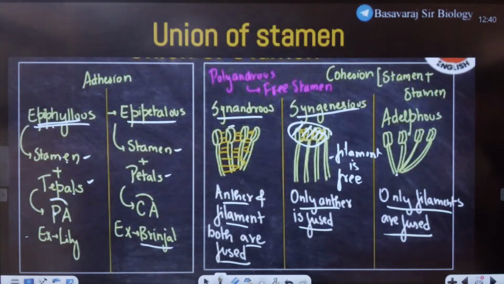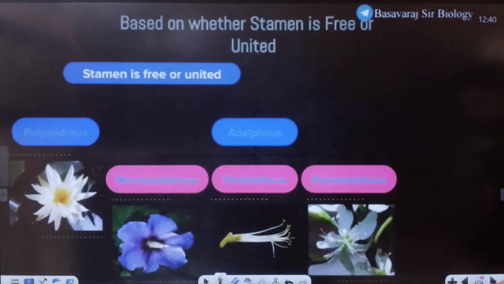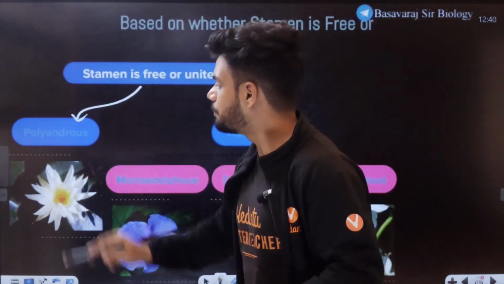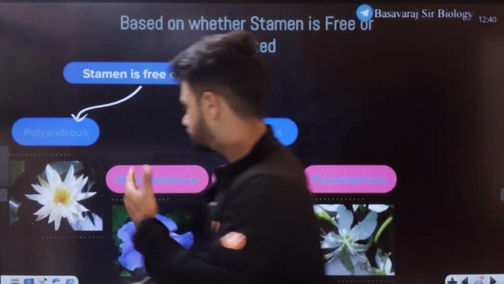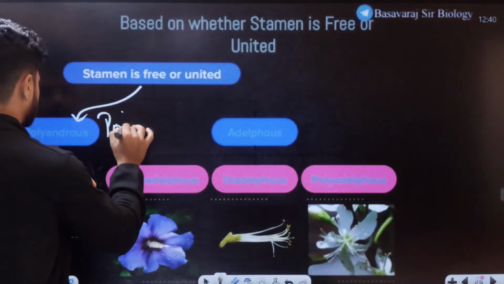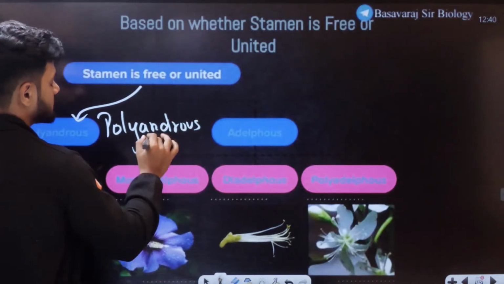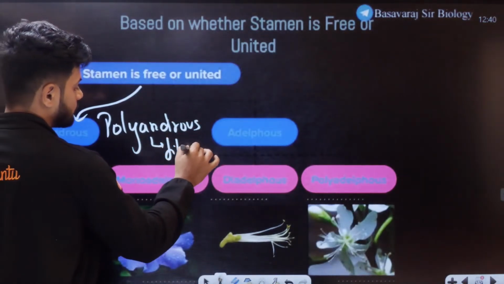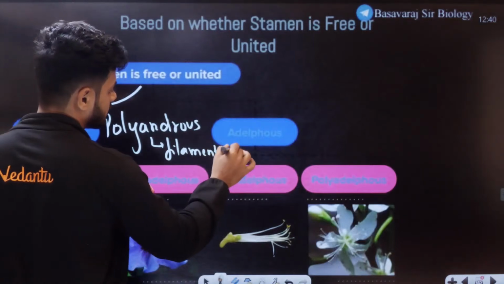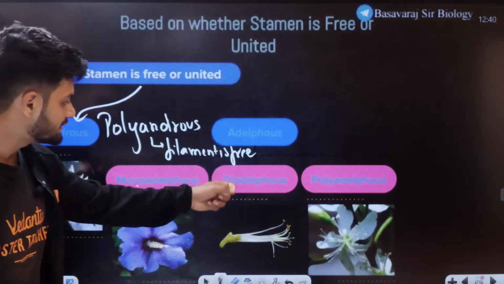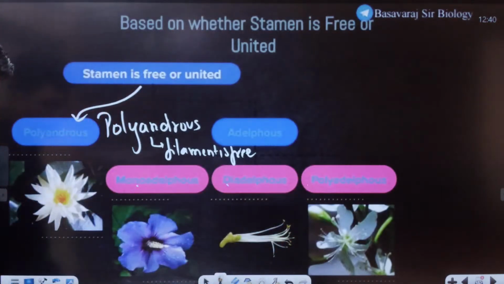Students, please use these notes for your preparation. I cannot stress enough. When the stamen is free, it is called as polyandrous. Polyandrous means filament is completely free. Adelphous condition: monoadelphous, diadelphous, polyadelphous.